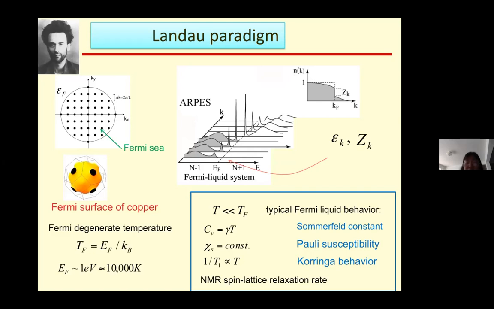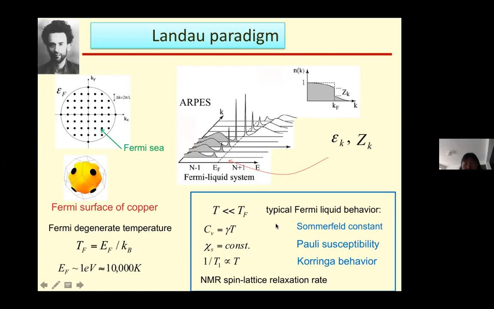The normal state turned out to be very interesting. So in experiments, you can raise the temperature to go to normal state. The Fermi degeneracy temperature for Cuprates is determined by Fermi energy, which is around 100,000 Kelvin. So you have a huge room to measure the normal state property.